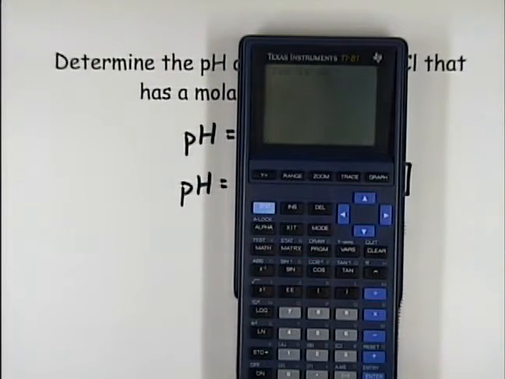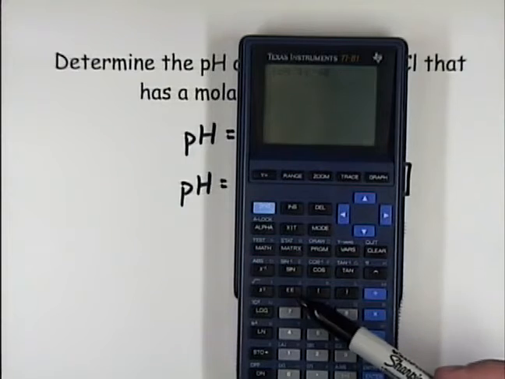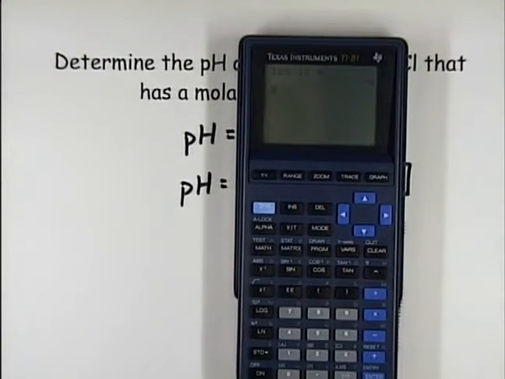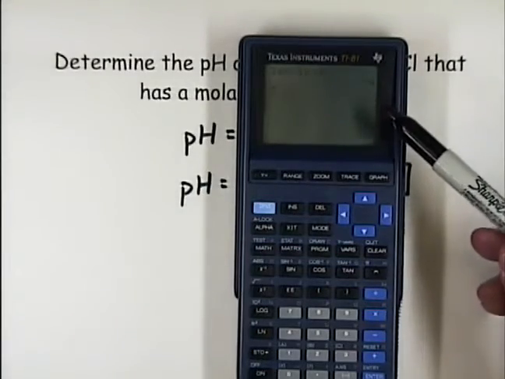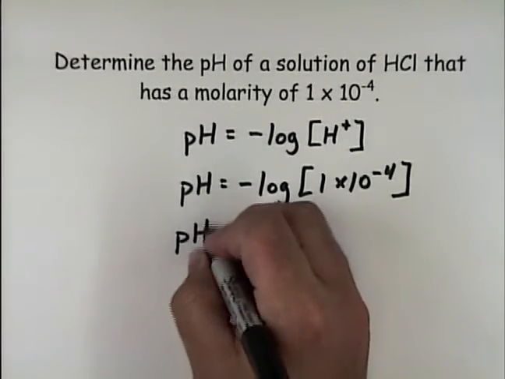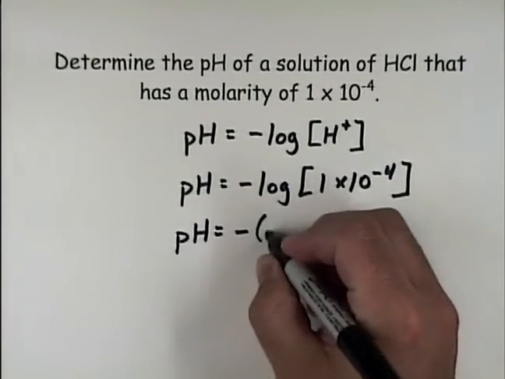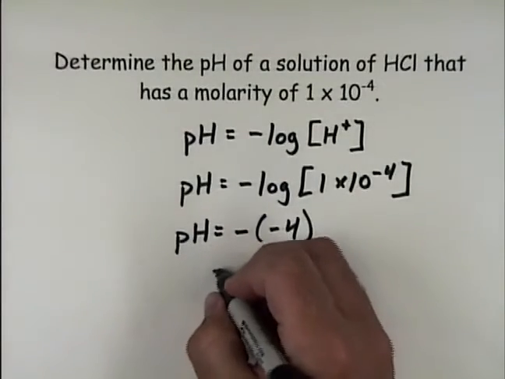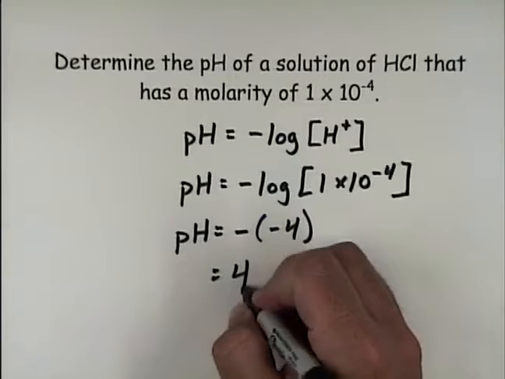To enter the 10 to the negative fourth, you may also need to use the EE button on your calculator. Once you calculate the log of 1 times 10 to the negative fourth, you should get negative 4. But remember that pH is the negative log. So it's the opposite of negative 4, which gives you 4.